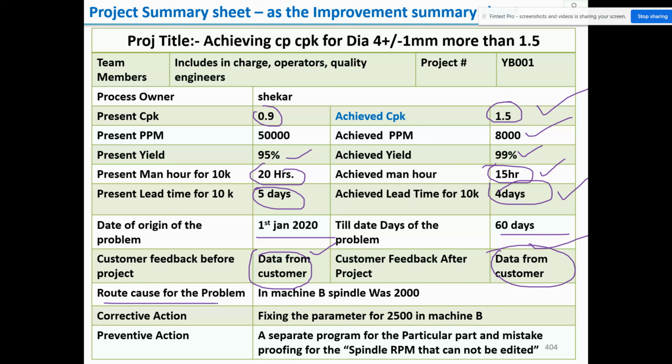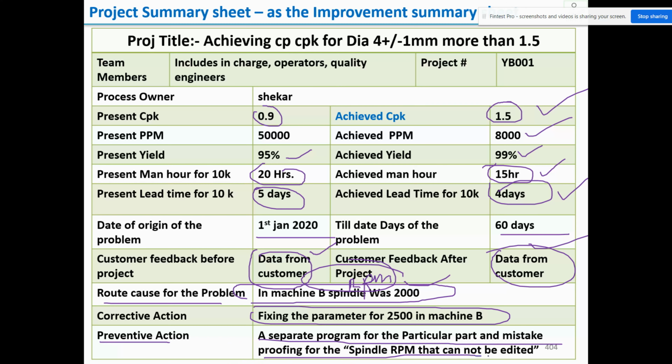So next, what is the root cause? In machine B, the spindle RPM was 2000. That is the root cause. Corrective action is fixing the parameter to 2500 in machine B. Preventive action is a separate program for the particular part and mistake proofing so the spindle RPM cannot be edited. Even for carbide, when they did the analysis, carbide and HSS did not give much correlation, but the RPM made a major change.